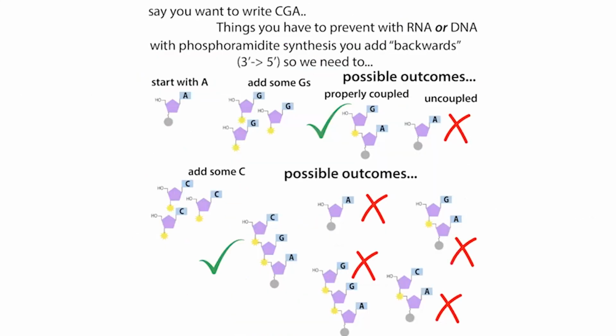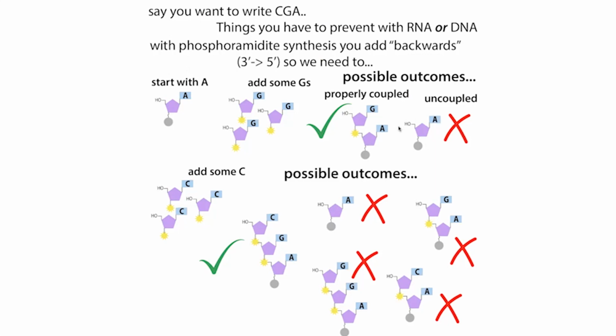So with that just simple example of CGA, you can see that there are a lot of things that can go wrong. So basically, if you start with an A and then you add some G's, you can get what you want, where you have this AG, or in the 5' to 3' direction, we would say GA, or we could have it uncoupled, where we don't get that G added.